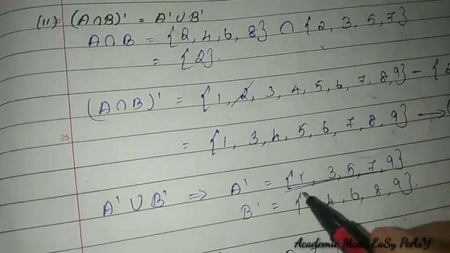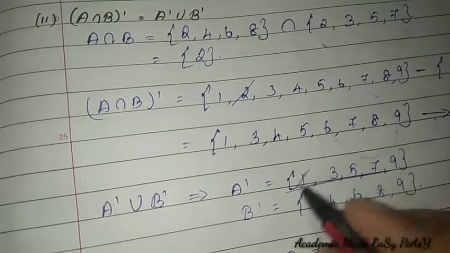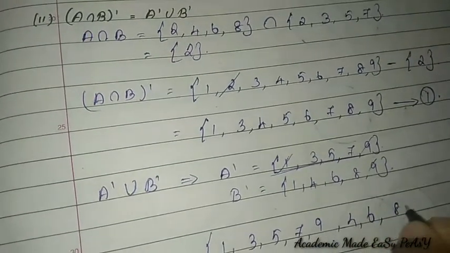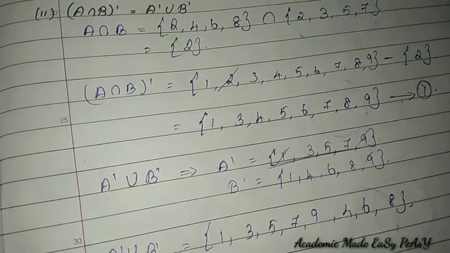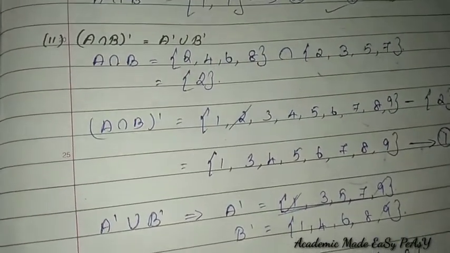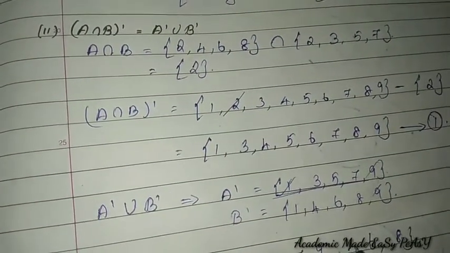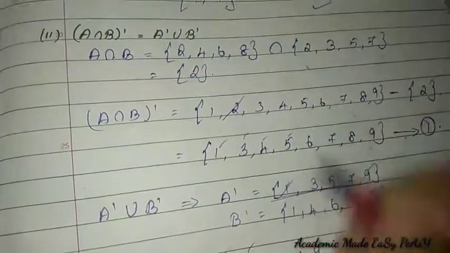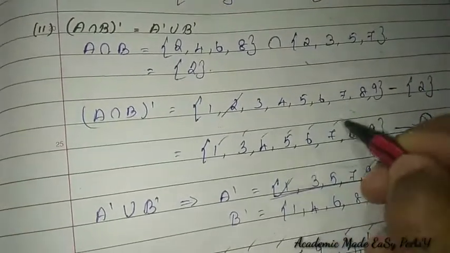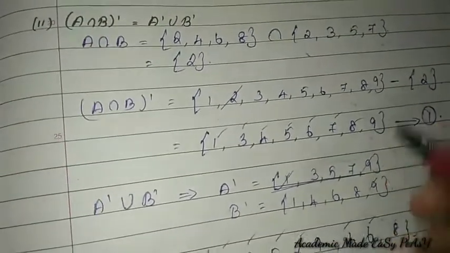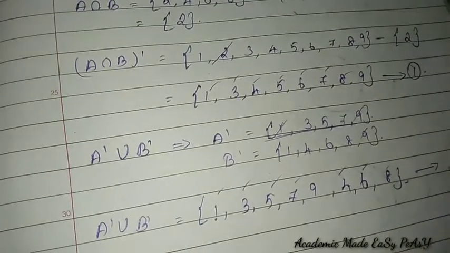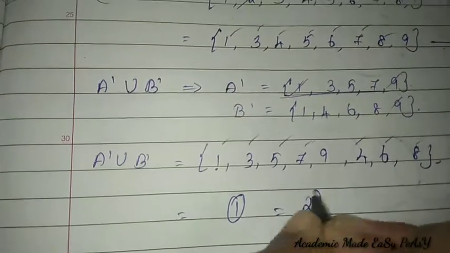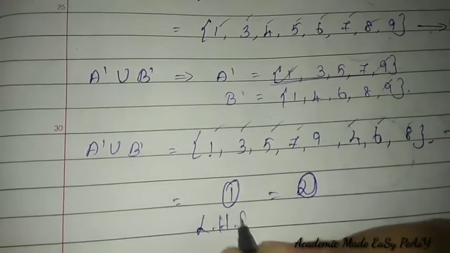And leaving out the common elements, I will be writing the remaining. 1, 9 is common. So 4, 6, 8. So therefore, {1, 3, 4, 5, 6, 7, 8, 9}. So therefore this is my equation 2, and I will say that equation 1 is equal to equation 2. LHS is equal to RHS. Hence it is verified.